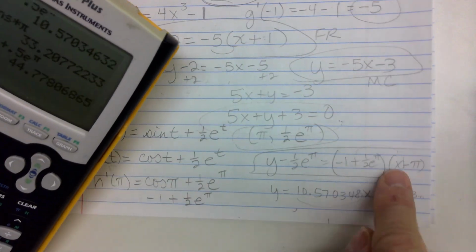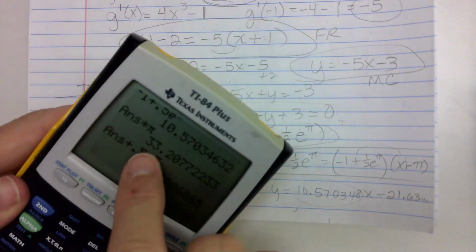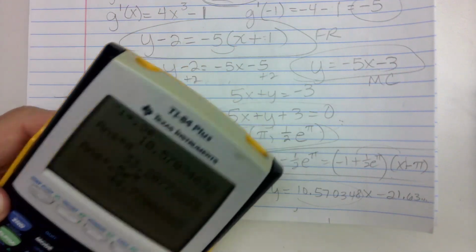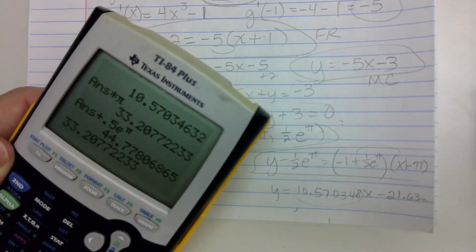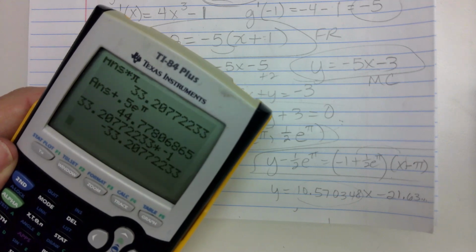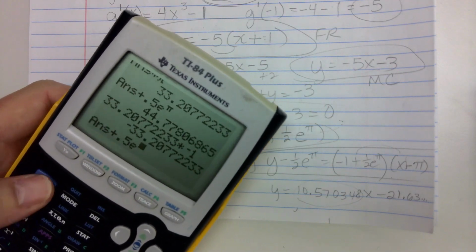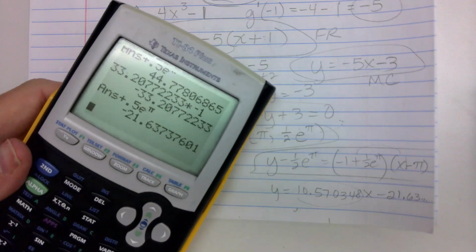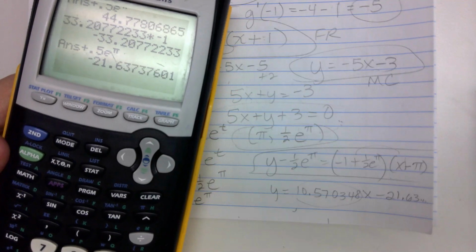Oh, that was a negative pi, it's not. So this would have been a negative number plus. All right. So here we go. I'm going to come up here, multiply it by -1, then add 0.5 e to the pi. The hard way. -21.63... All right.